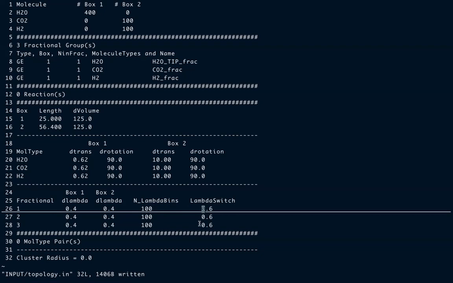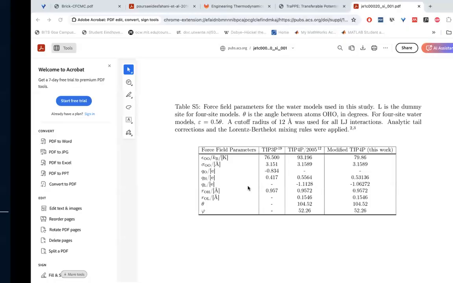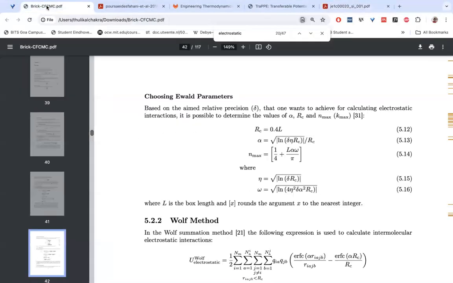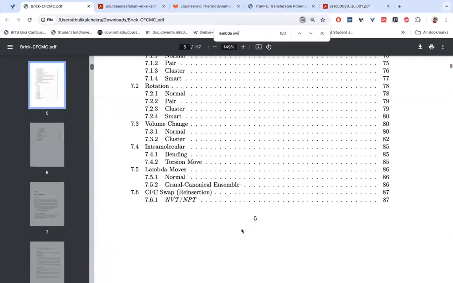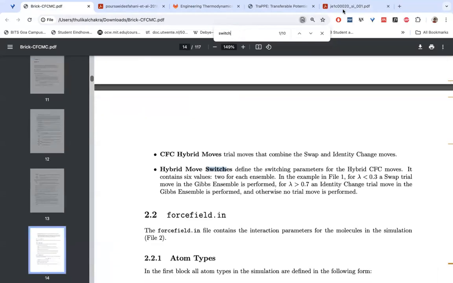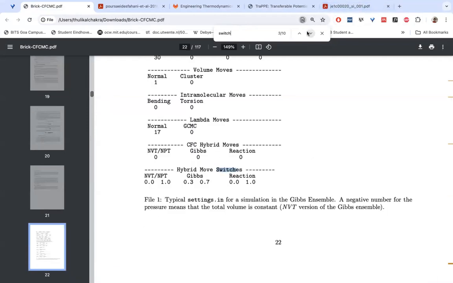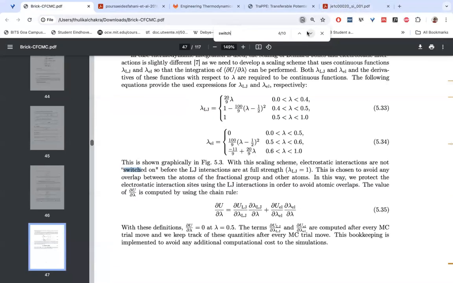Now, notice that there's a particular value here given by lambda switch. What we say here by lambda switch is to notify when your lambda can take on a particular value. So let me show you exactly.